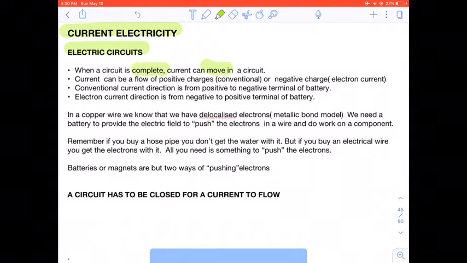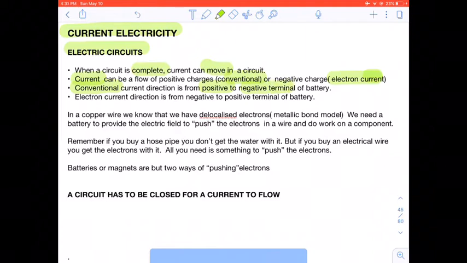And current can be a flow of positive charges, which we call conventional current, or negative charges, which we call electron current. A conventional current is direction from positive to negative terminal of a battery.